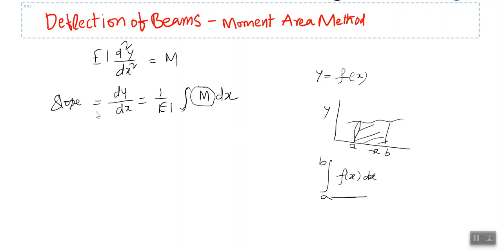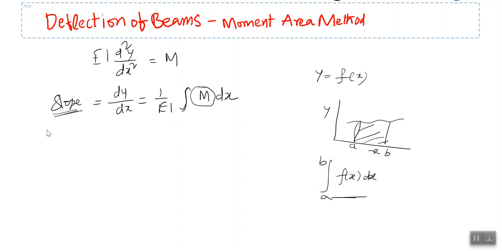Similarly, to find out the slope difference between any 2 points, it is the area under the bending moment diagram divided by EI.